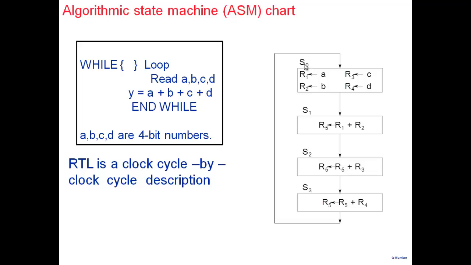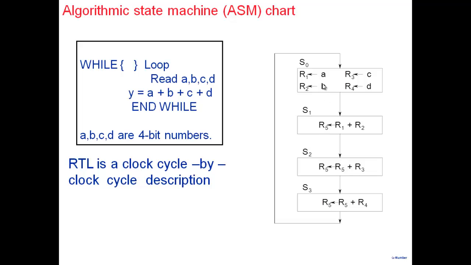My system is in S0 state, and I have registers R1, R2, R3, R4, and I read the data into my internal registers. A goes to R1, B goes to R2, C goes to R3, D goes to R4. So I'm reading the data in this particular state. Next, in state S1, the contents of R1 and R2 are added together and put into a new register R5.